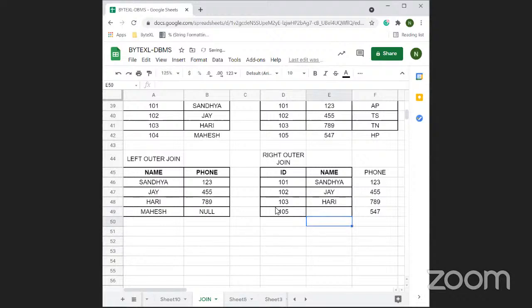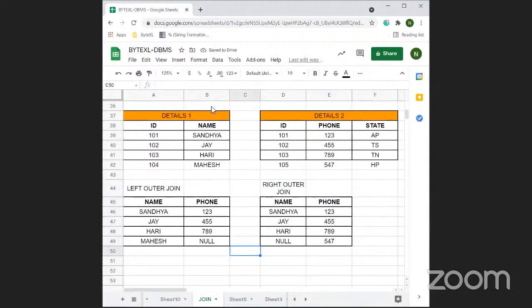There is no name actually for 105. If no name, we will have to take null value. This is the perfect table. What is right outer join? All the values, all the records of this table has to be taken.